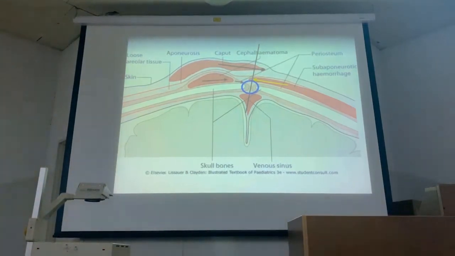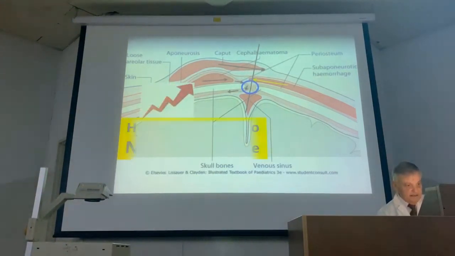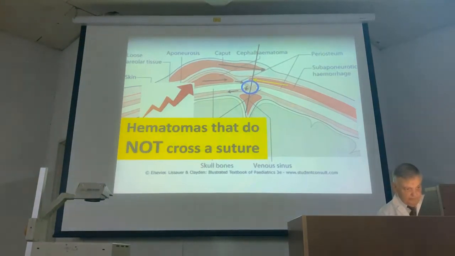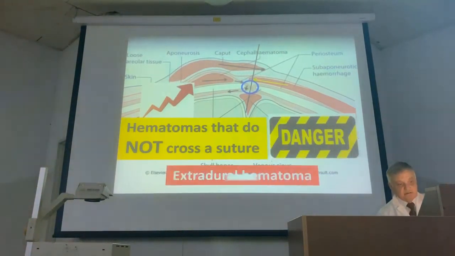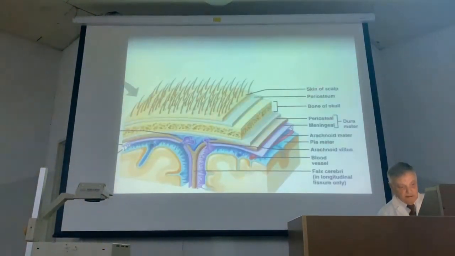This hematoma is going to dissect its way through the suture to the inside of the skull, and it is going to press on the brain, raising intracranial pressure. That is why you have to know your sutures of the skull very well. Hematomas that do not cross a suture are a big danger, because an extradural hematoma will develop.